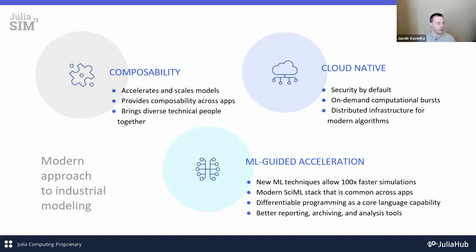We want to allow reusability everywhere that we can, and the JuliaHub platform is also what's allowing us to use these latest scientific machine learning techniques and really leverage the advancements of modern algorithms, modern techniques.